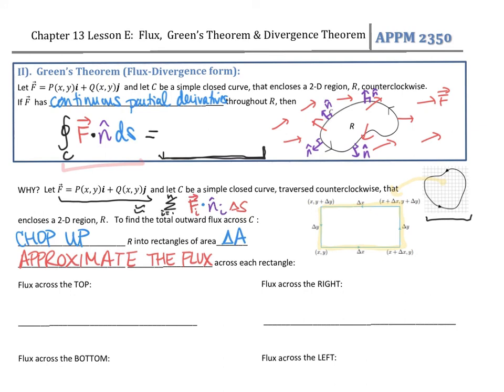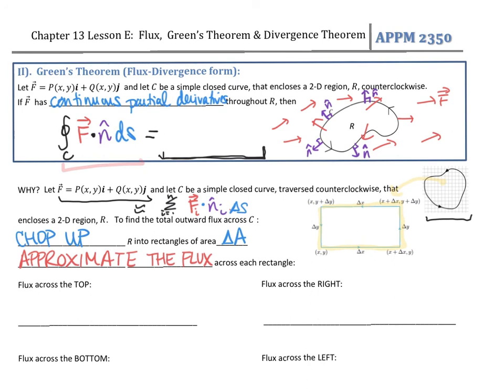So flux is going to be approximately the sum of these F dot N delta S's. I want to make my colors consistent, of course. I want this delta S to be blue so you can watch what happens as we move along. Okay, and once we've proven this once, we'll be able to just use Green's theorem. I just want you to understand where it's coming from.